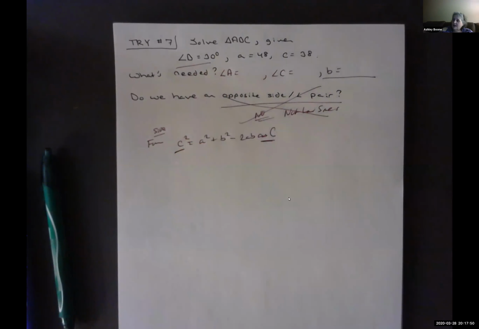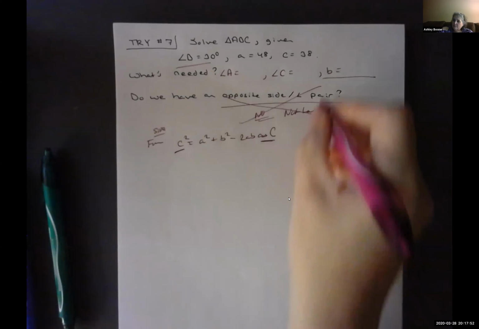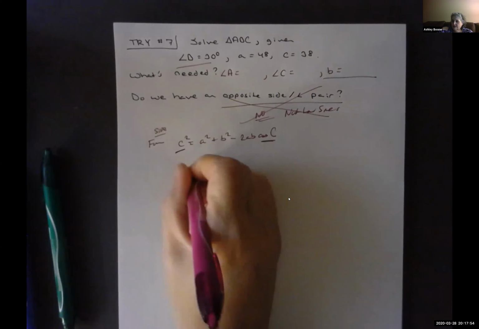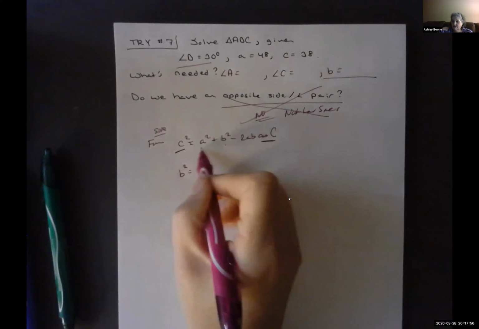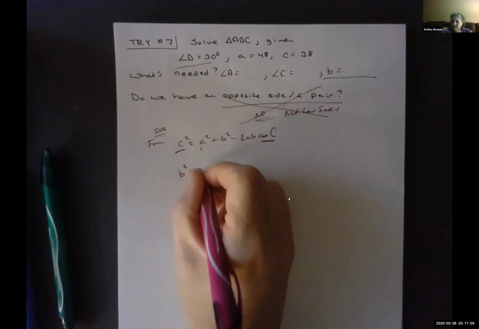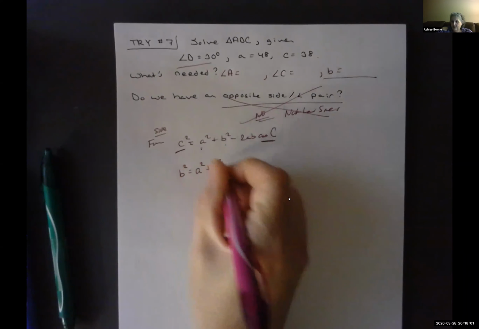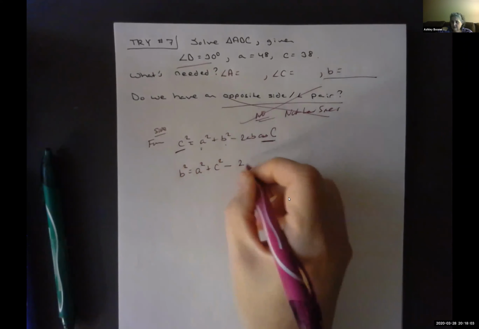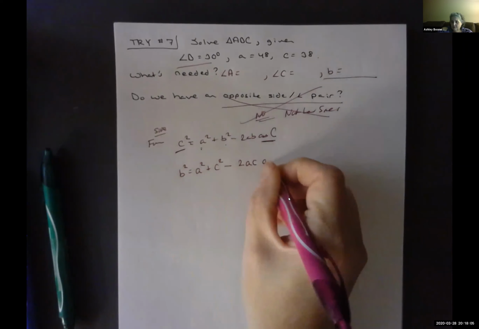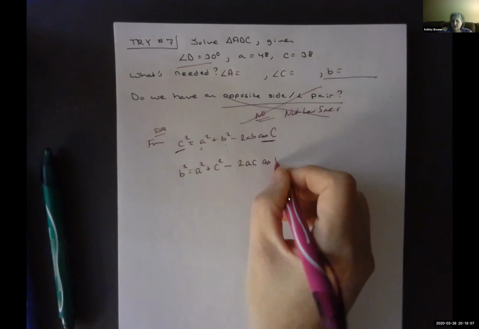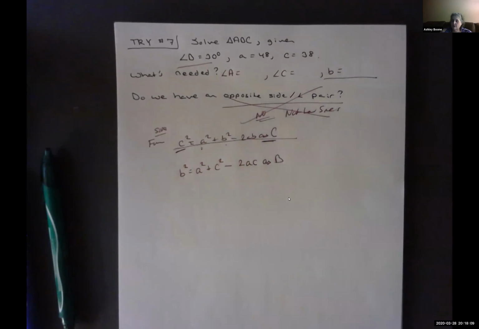I'm looking for side B. So I'm going to have b squared equals the sum of the squares of my other two sides. So that would be a squared plus c squared minus twice my other two sides times the cosine of the angle opposite b, which is b. So that's the form that we have here.